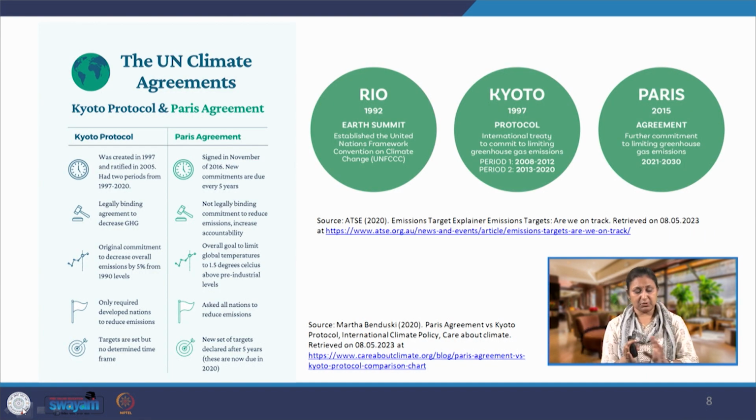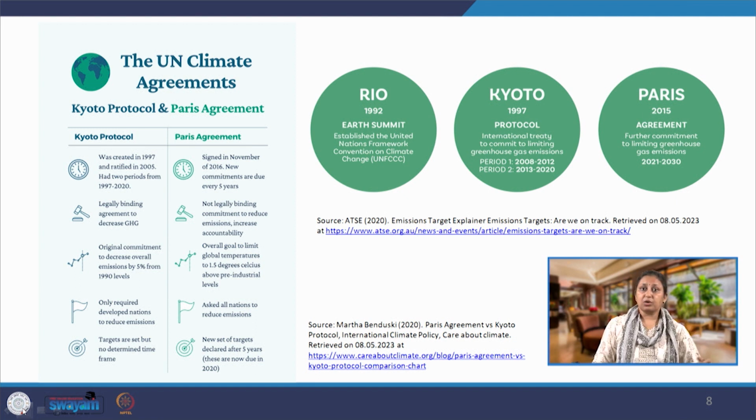Now, if we quickly summarize the differences between the Kyoto Protocol and the Paris Agreement, we already know the timeline. The difference is that the Kyoto Protocol was legally binding for all the signatories to decrease GHG emissions, but the Paris Agreement is not a legally binding commitment to reduce emissions and increase accountability. If we look at the overall goals, for the Kyoto Protocol we were talking about reducing the overall emissions by 5% from 1990 levels, while here we are talking about limiting the global temperature rise to 2 degrees above pre-industrial levels.